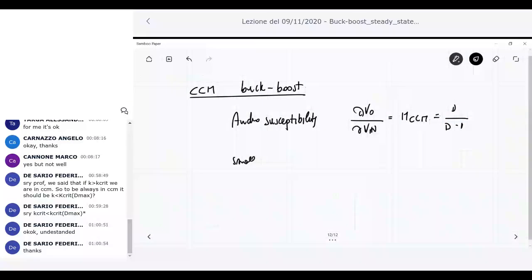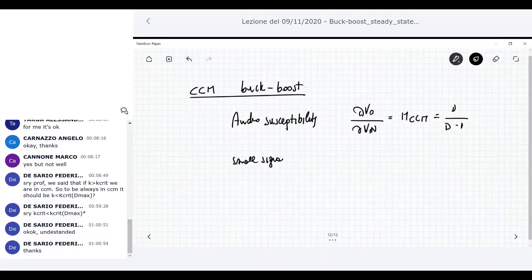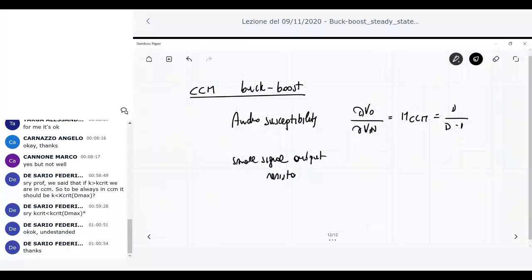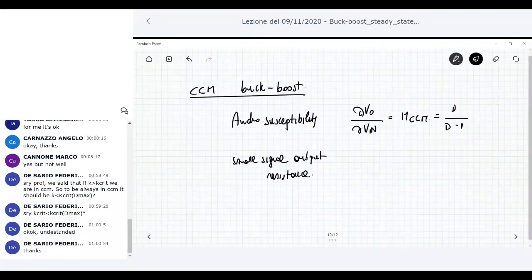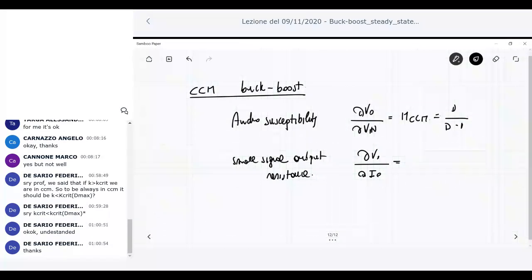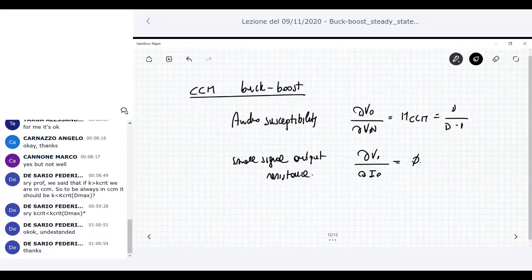Small signal output resistance. This is the small signal variation of the output voltage with respect to the output current, and this is null because the output voltage has no link to the output current or the output resistance.